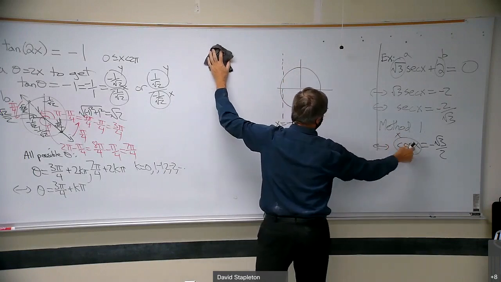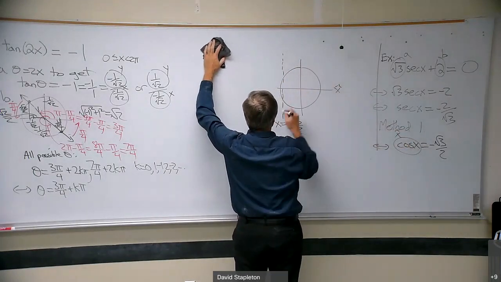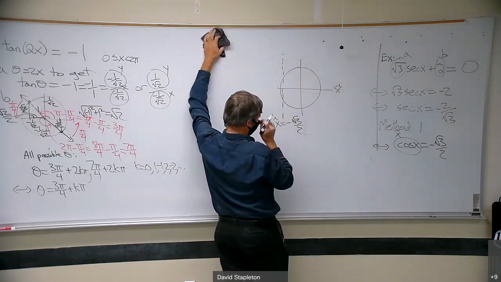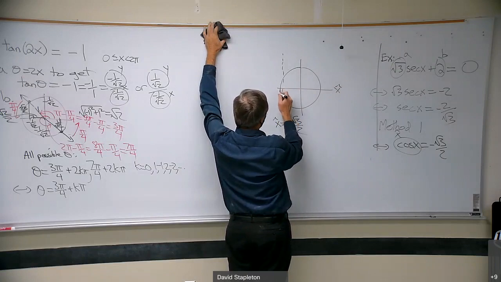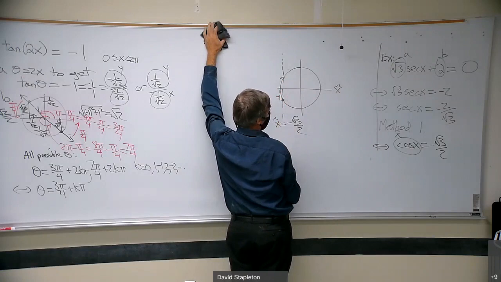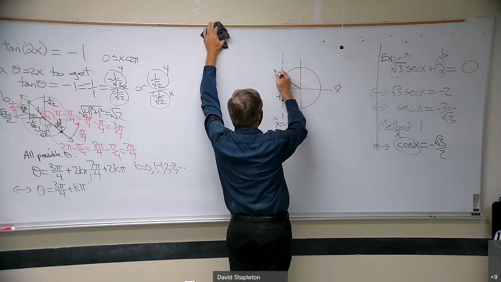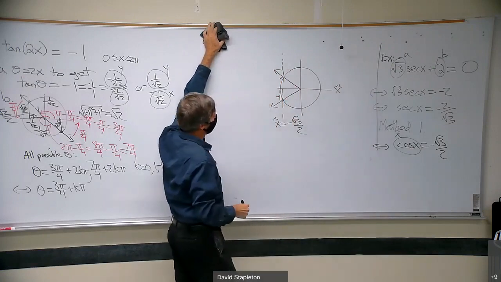And this x is not this x. I call this x hat if you like. And then that's close to -1 here. We observe that there's exactly 2 intersections on the unit circle, so exactly 2 terminal rays will have that cosine and hence this secant.